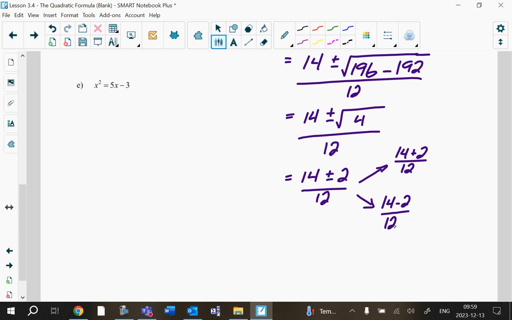So I have to evaluate those. So I get 16 over 12. Can't divide it cleanly, but I can reduce it. 4 over 3. And then this one becomes 12 over 12, which is just 1. So our 2 answers are 4/3 and 1.